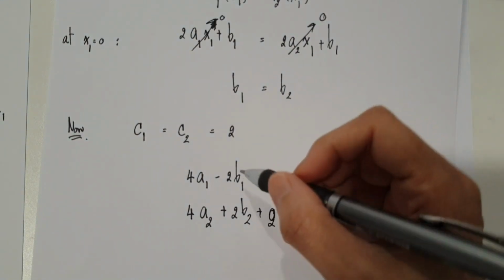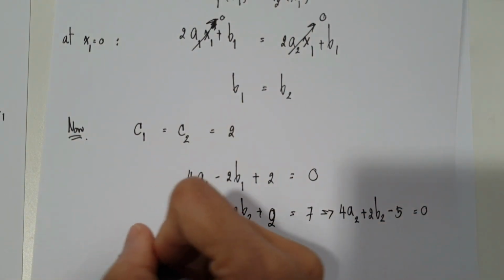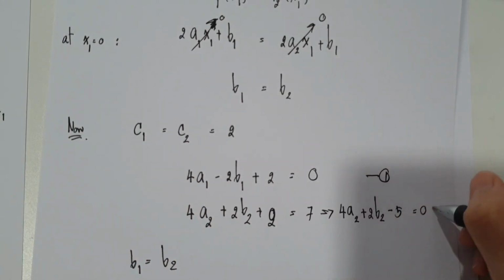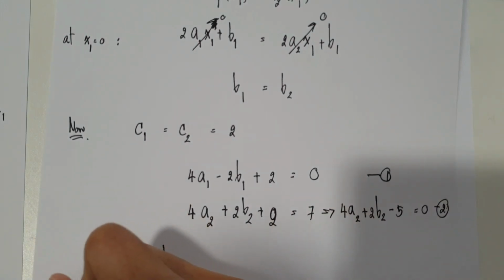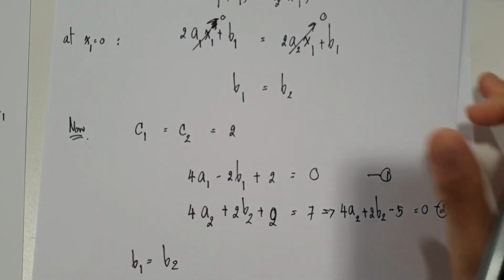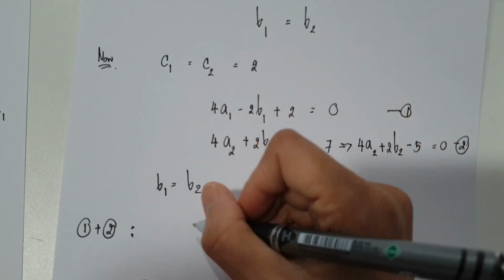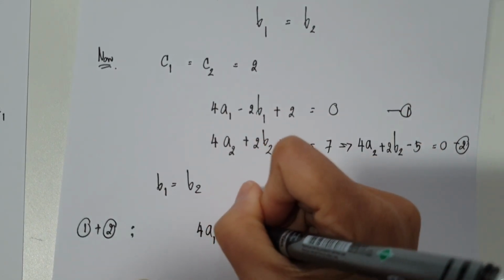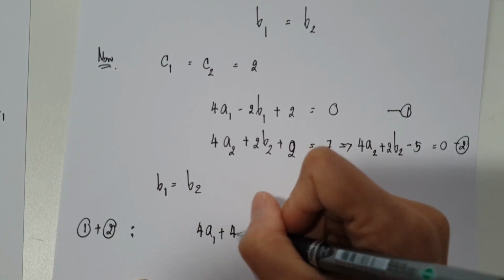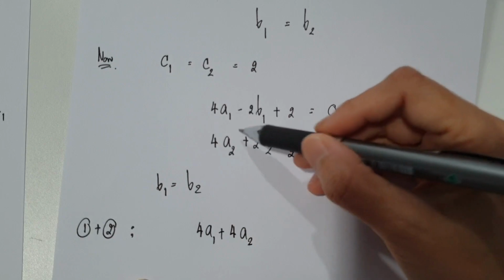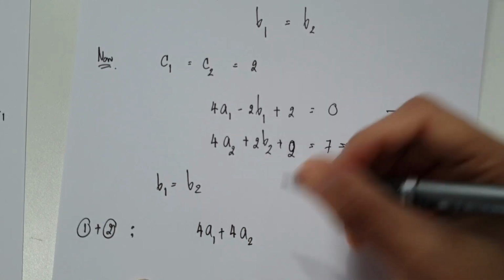And since you know that b1 equal to b2, if this is the first equation and this is the second equation, we add these two equations and what you get is 4a1 plus 4a2. Since b1 equal to b2, this term will cancel out.